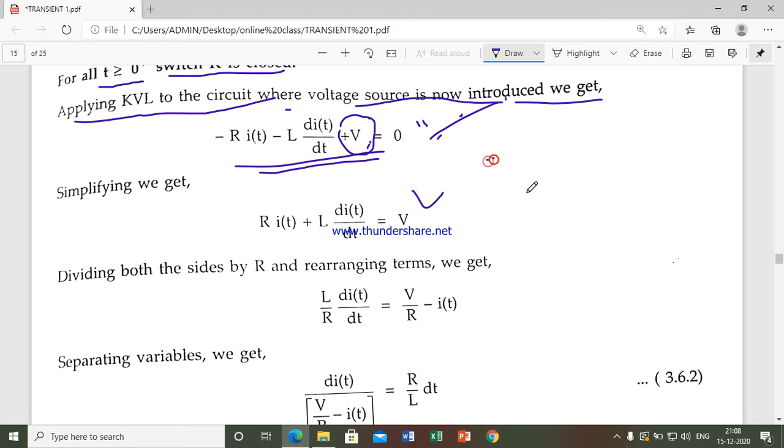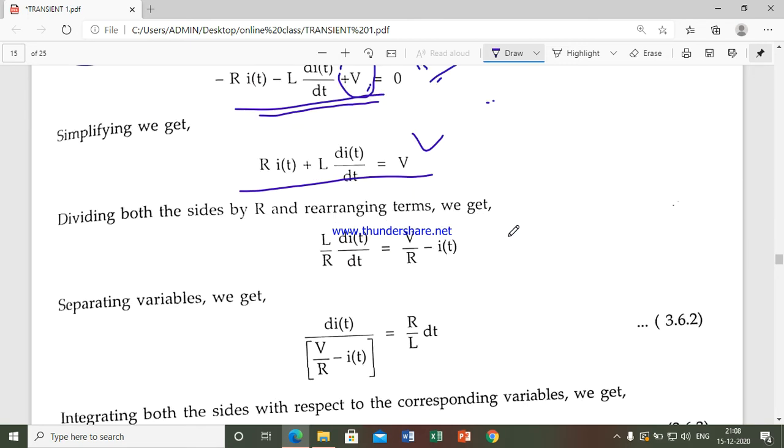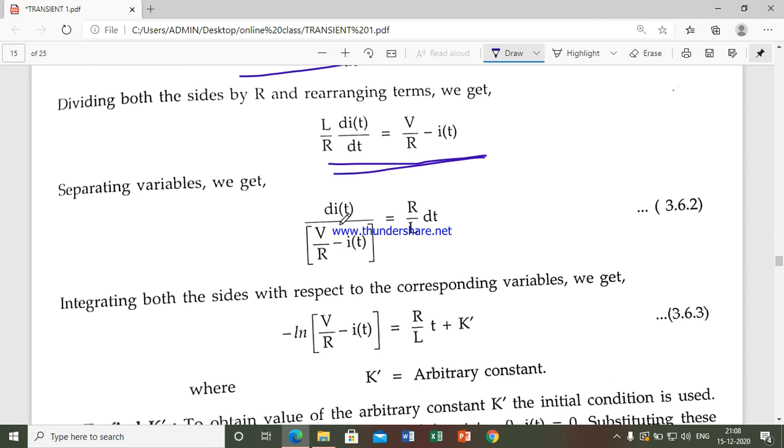Simplifying, we will get R into I of t plus L into di by dt equal to V. Then you can rearrange this expression: take this term to V minus R into I, then divide this complete term by R, and you will get this expression.